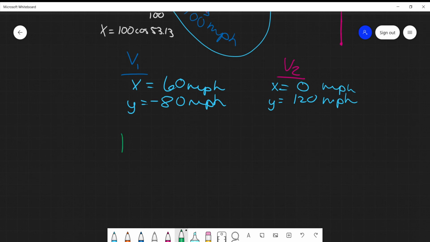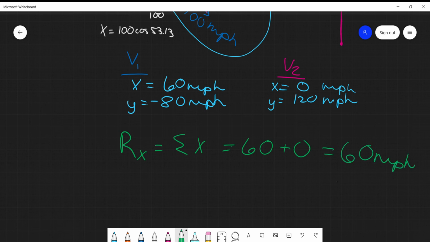So the x component of the resultant vector equals the sum of the x components of all of the other vectors. So since we have two vectors, that becomes 60 plus 0. So it's all of the x components of each vector that you're adding together. You add all of those together to get the x component of your resultant vector, which equals 60 mph.